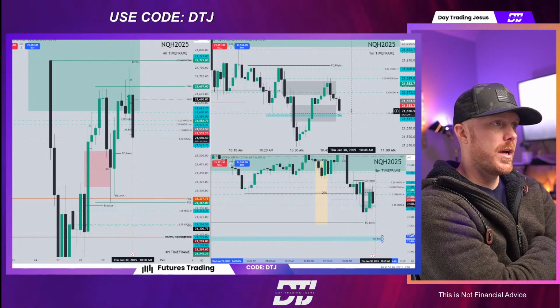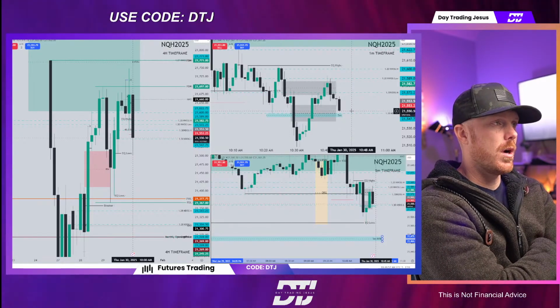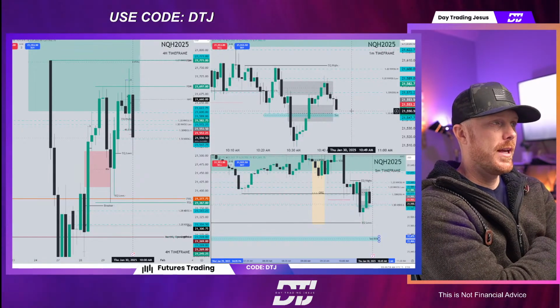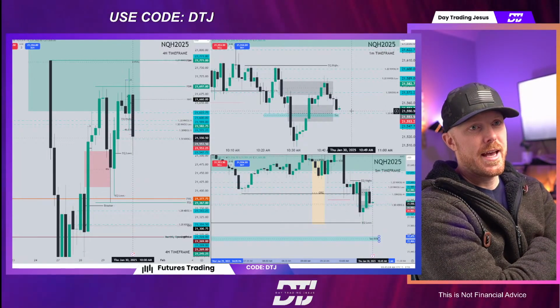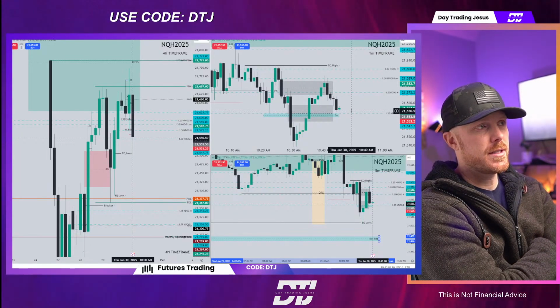Basically, I'm trying to look for displacement. I want displacement. We really haven't gotten much displacement action that grabs my attention that says, all right, it's time to start paying attention.